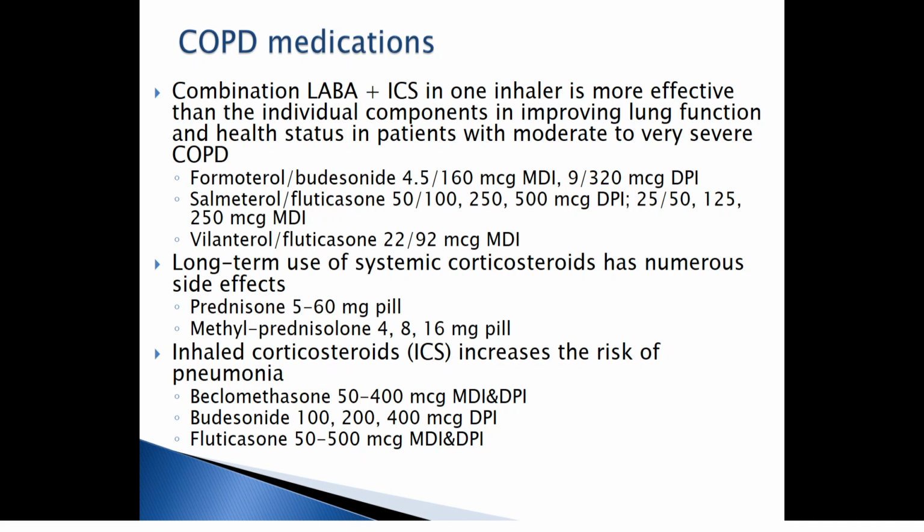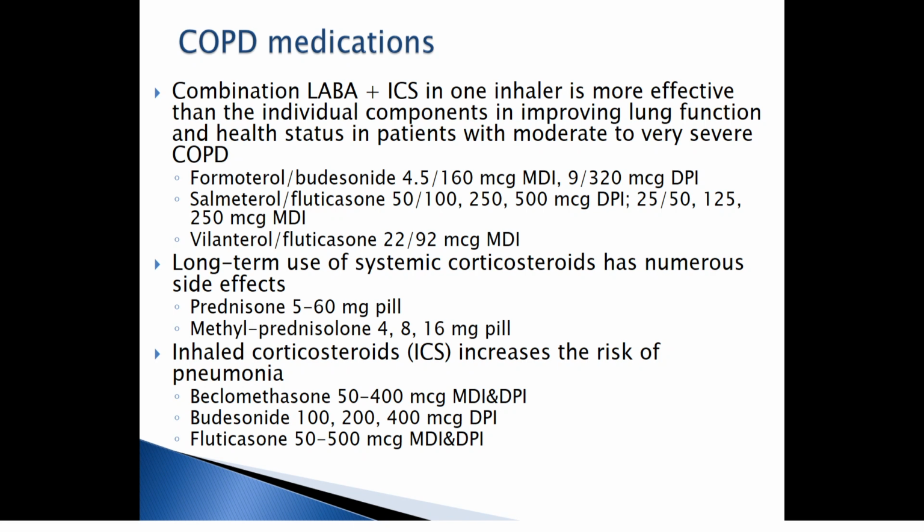And we try to avoid inhaled corticosteroid in non-severe cases because long-term use of systemic corticosteroid and inhaled corticosteroid can lead to side effects. Inhaled corticosteroids, first of all, increase the risk of pneumonia.